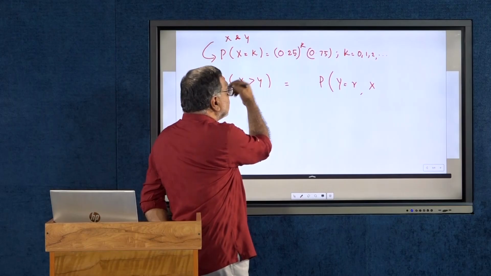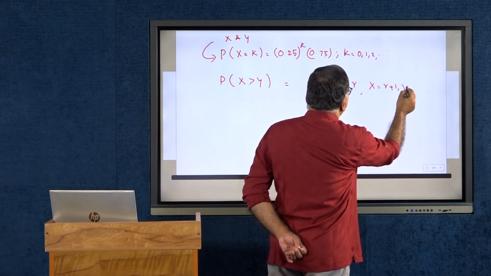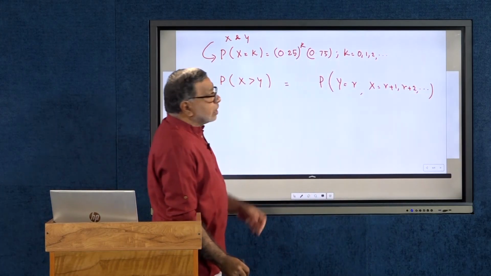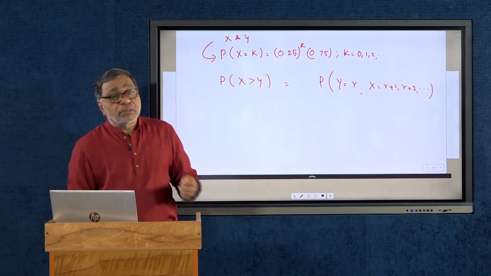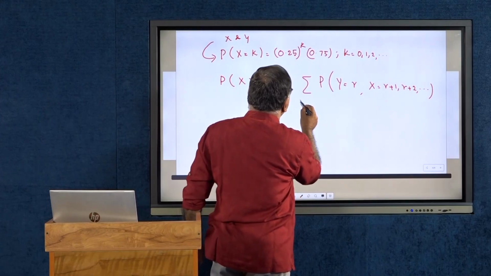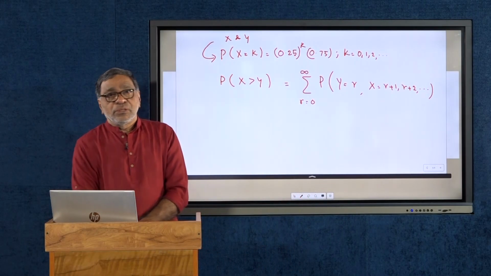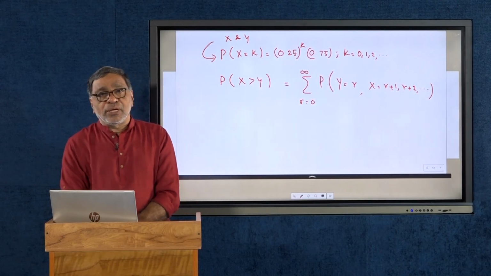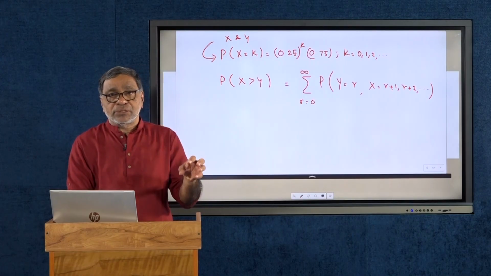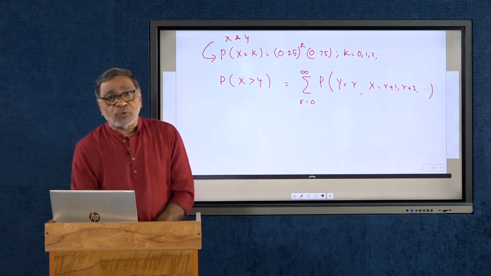X should be larger than Y, and since these are integral values, it may be R plus 1, R plus 2, etc. And what are the possible values of R? R is a value from 0 to infinity. So the probability of X greater than Y for a geometric random variable is obtained by summing this probability over different R values.